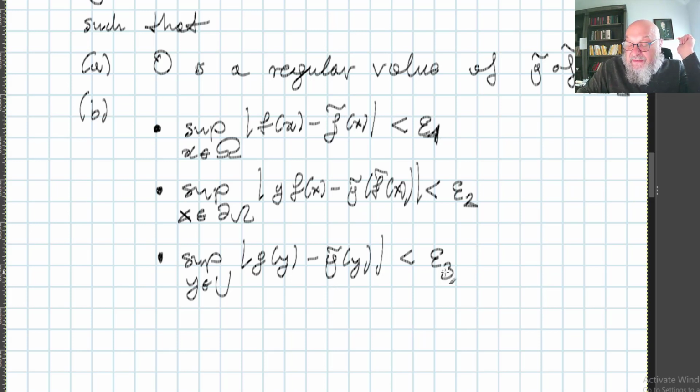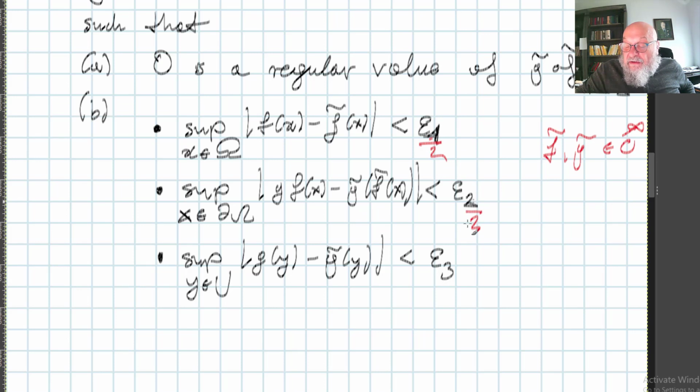We just start with the maps f tilde and g tilde, which are C infinity, so smooth maps. By the Weierstrass theorem you can find them. You can always choose these maps to be as small as you want, for example smaller than epsilon over 2.